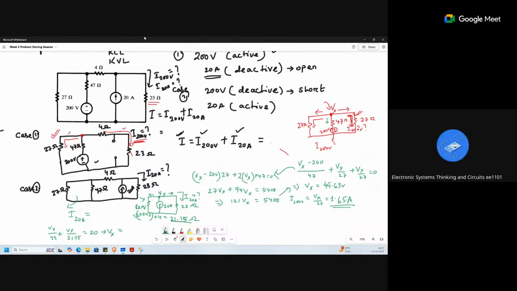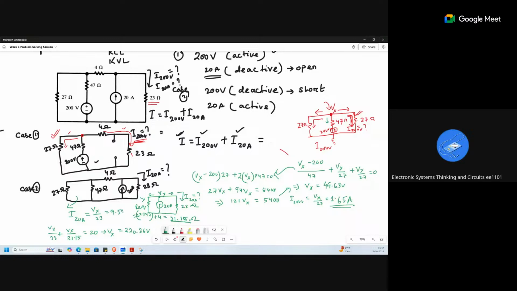Very good, correct answer. We are getting Vx is equal to 220.364. Now you got the Vx value. That means what is your I for the 20 ampere source? You can take Vx over 23. That means it is equal to how much?